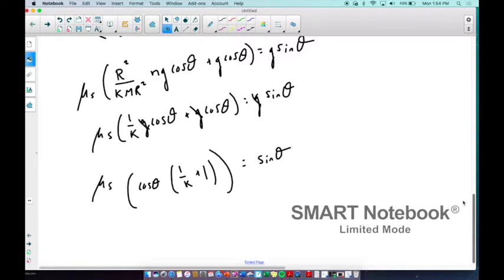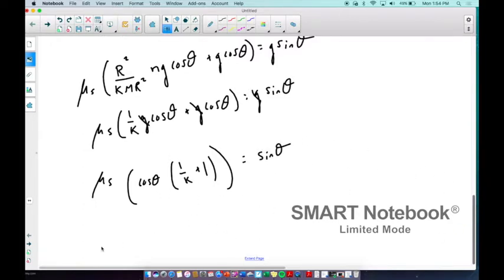And then I can just divide by this. And I get mu s has got to be equal to tan theta, because sine over cosine is tangent, times 1/, this wacky thing, 1/k plus 1.